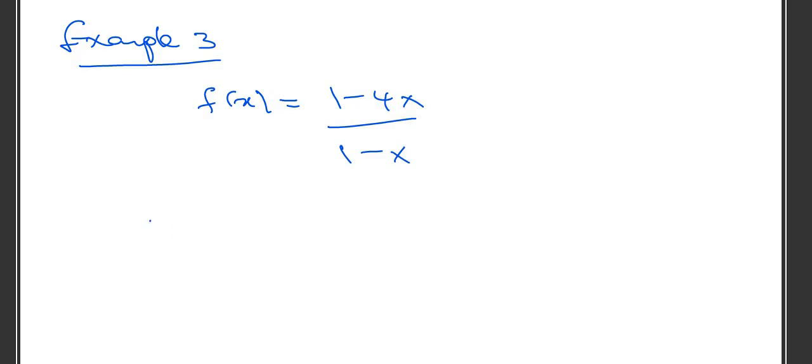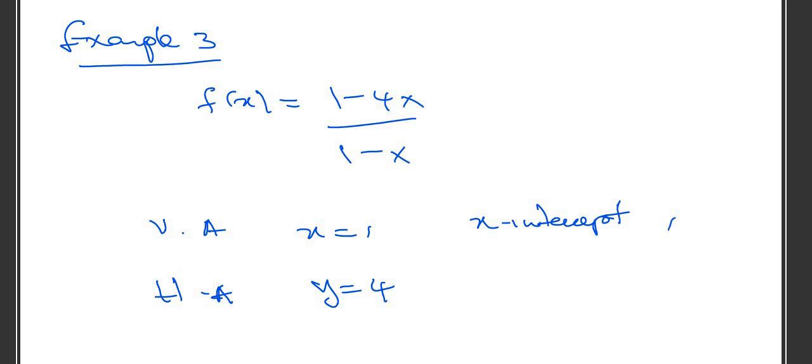The vertical asymptote is x is equal to 1. The horizontal asymptote, you get the coefficients because this is case 3, and that's a 4. Then the x-intercept. What's the x-intercept? It will be 1 over 4. Then the y-intercept will be 1, yes.